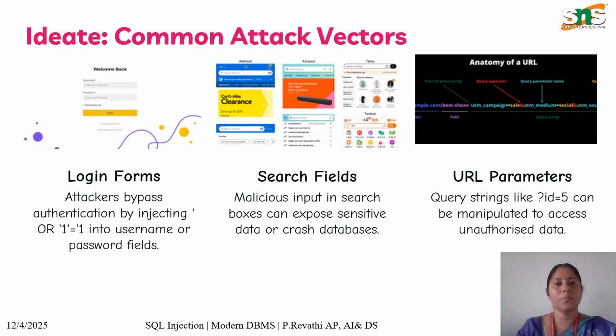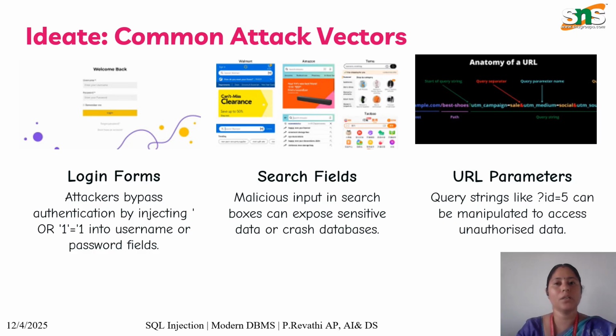Now let's think about where attackers usually try SQL injections. There are very common places: login forms, search boxes, URL parameters, feedback forms, and registration forms. First one is the login form. Instead of typing your real password, attackers type something like OR 1=1 and bypass the login completely. The second one is search boxes.